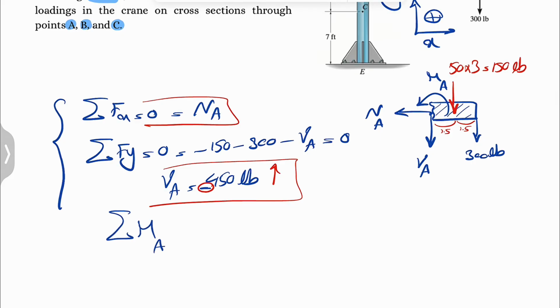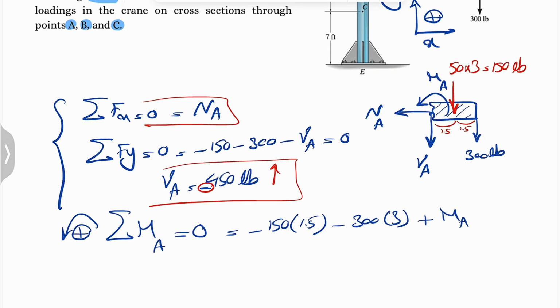We're going to find the sum of all moments about A, and this has to be also 0. So we have the moment of the weight, which is 150, and we can see that the moment is clockwise, so negative 150 times 1.5. The 300 is also clockwise, so negative 300 times 3, and we have the MA, which we assumed is counterclockwise, so positive.